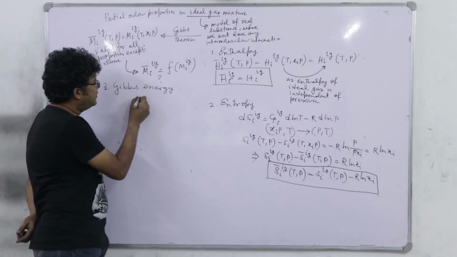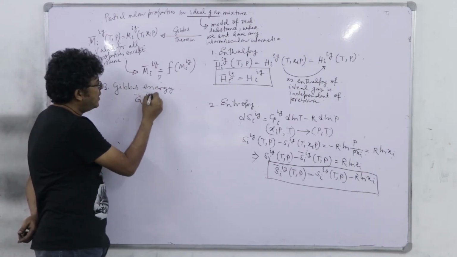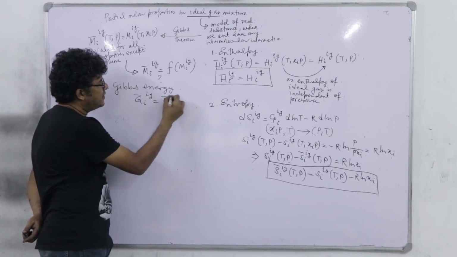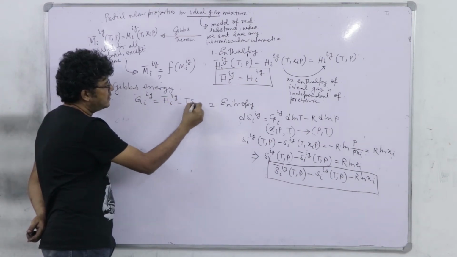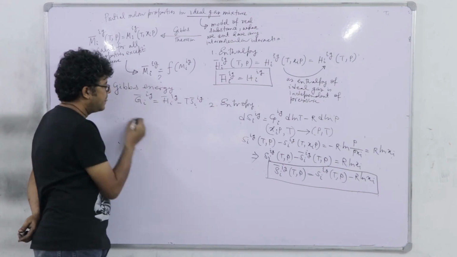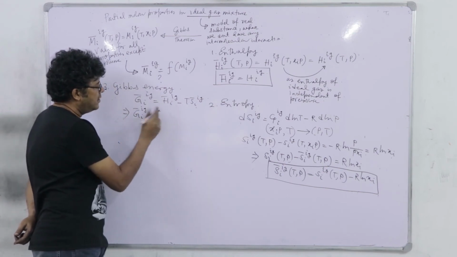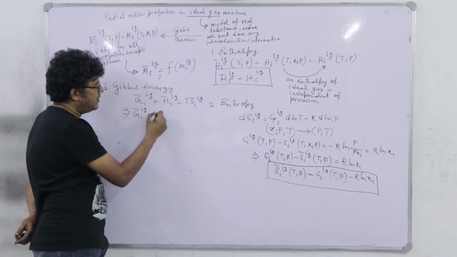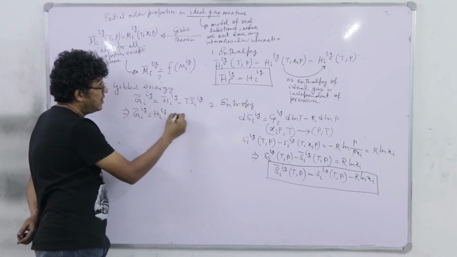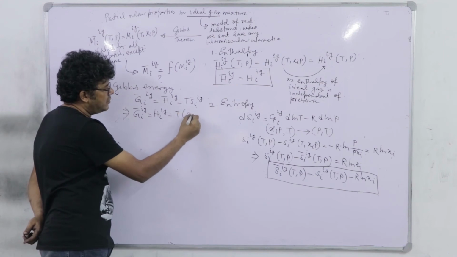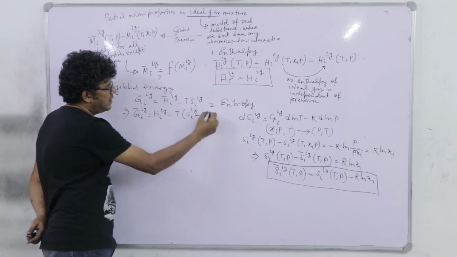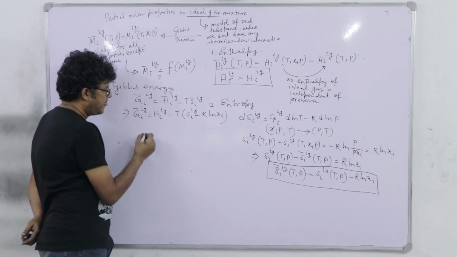So, Gibbs energy Gi bar Ig is equal to Hi bar Ig minus T Si bar Ig. Here Hi bar Ig is equal to Hi Ig, and Si bar Ig is equal to Si Ig minus R ln Xi.